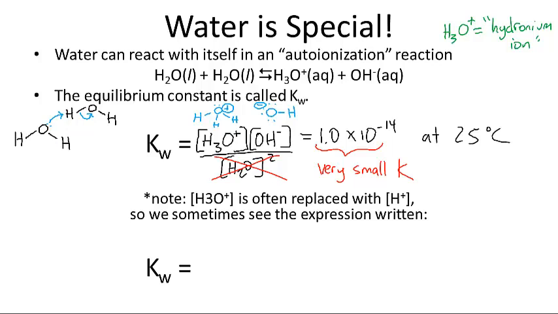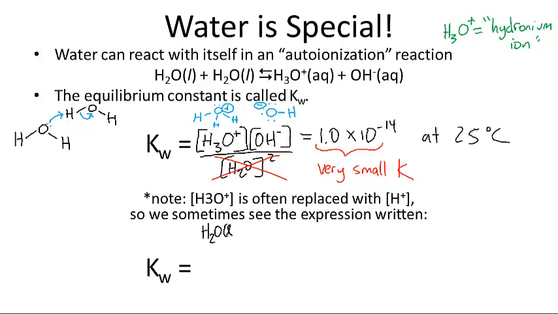Now, a lot of times we're lazy. And in fact, I will be guilty of this most of the time. Writing this thing out with two water molecules and then H3O plus and OH minus just feels cumbersome. So we will use as a shorthand for H3O plus, we will rewrite this reaction just this way.